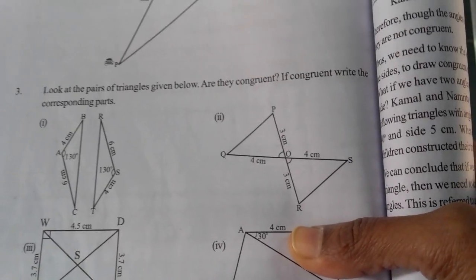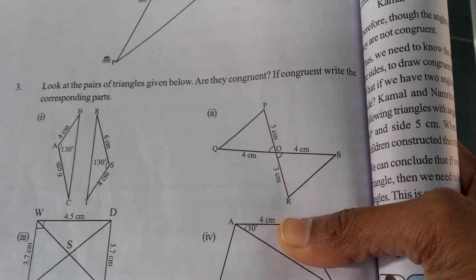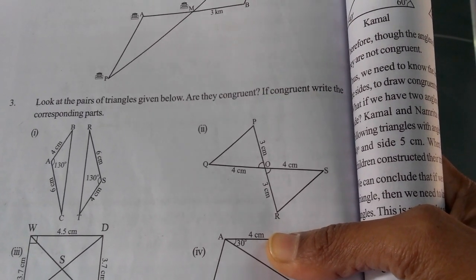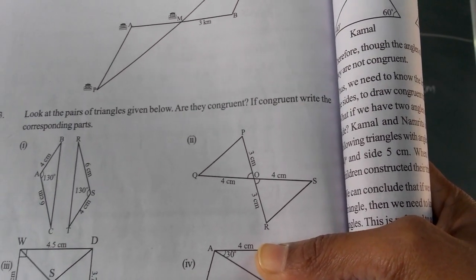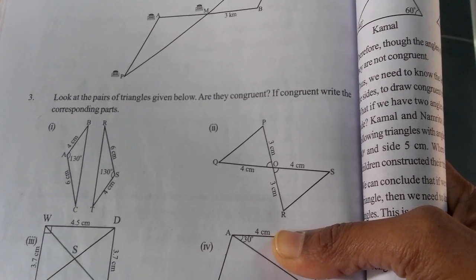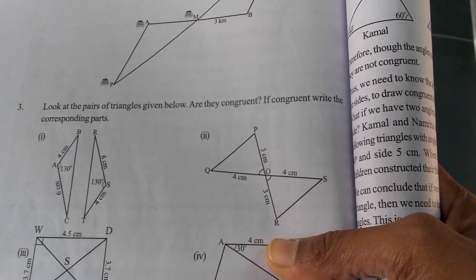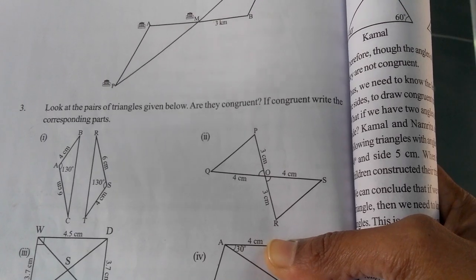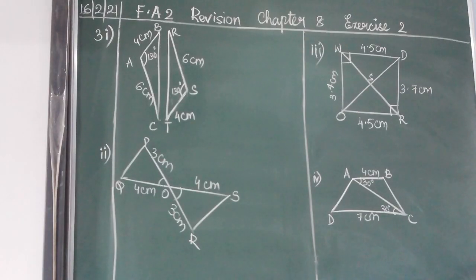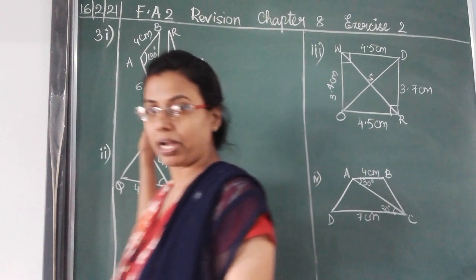So let's read the third question. Look at the pairs of triangles given below. Are they congruent? If congruent, write the corresponding parts. This is the question. Let's draw the figures. So the figures are drawn here, and now we are going to write the corresponding parts.